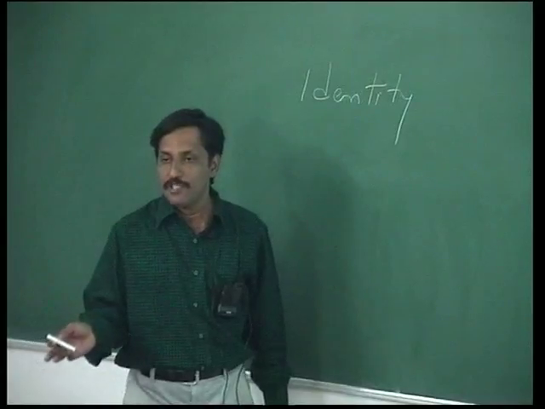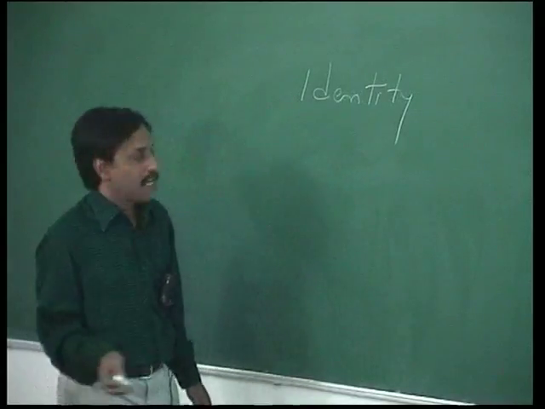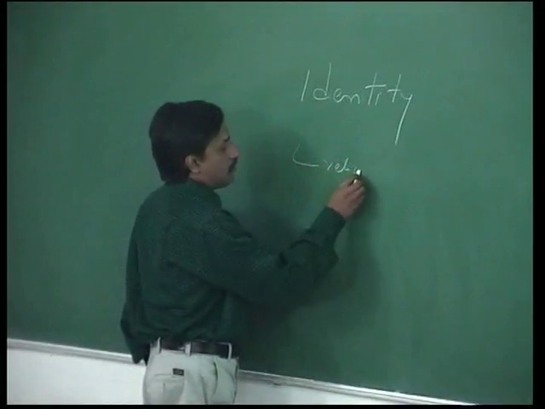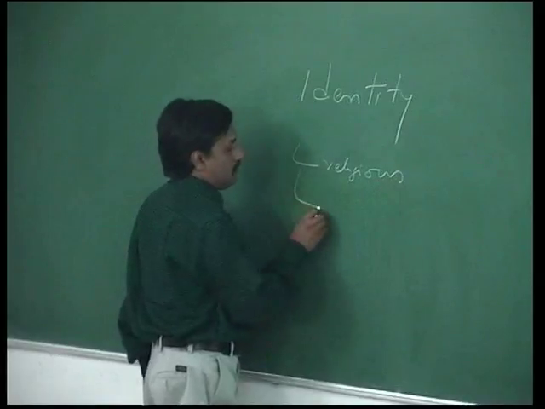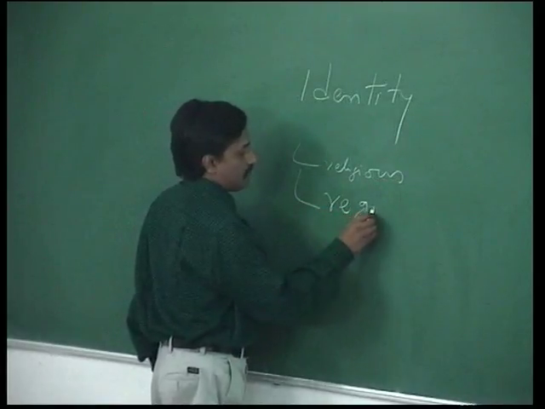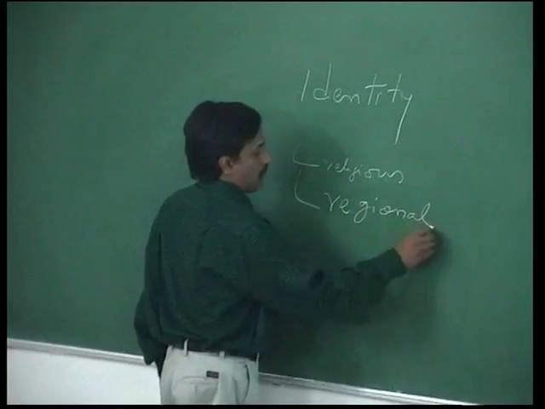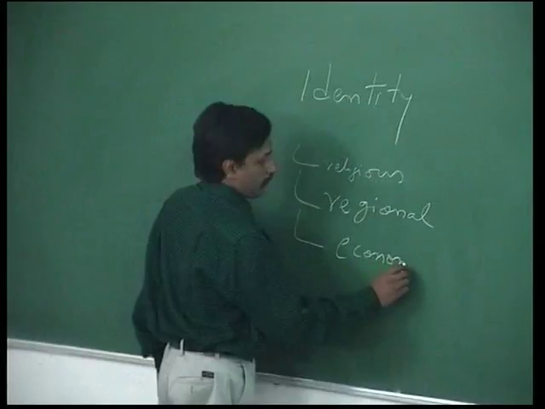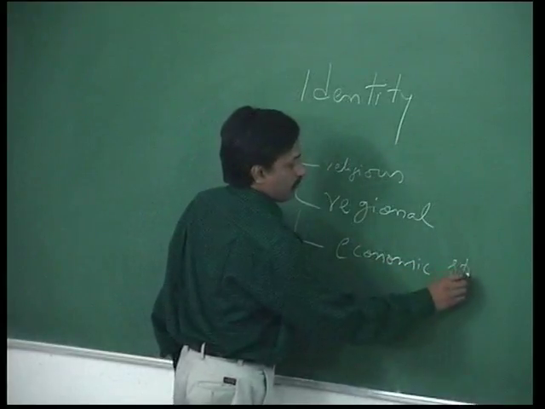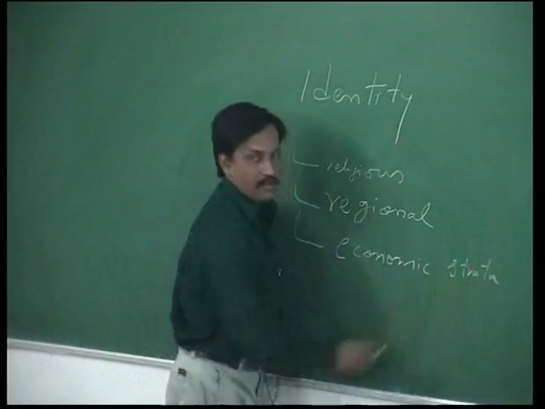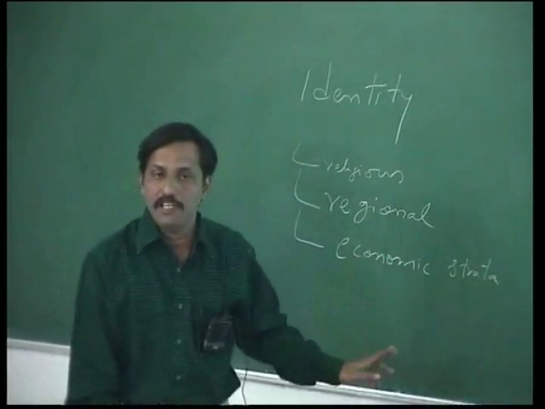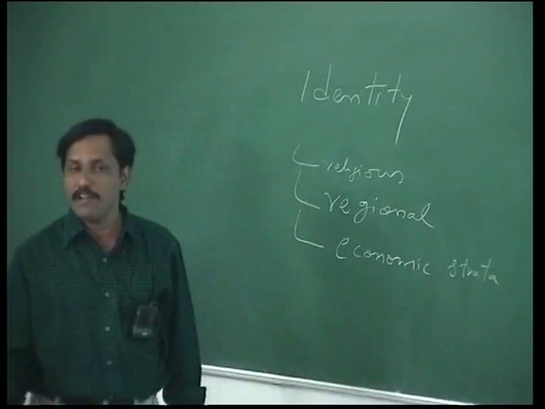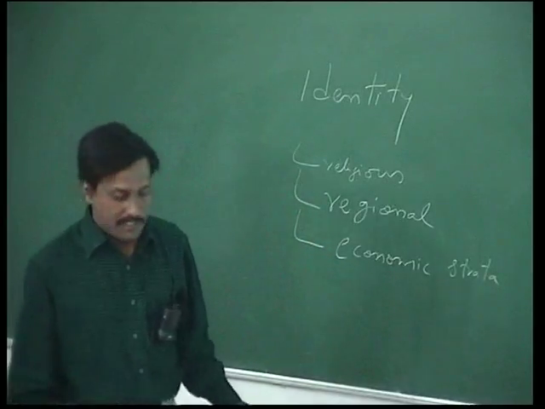To simplify it, in Indian terms, identity means not only religious but also regional, the economic strata from which each person is coming from, and all these are expressed in outward forms. One of the outward forms is dress.